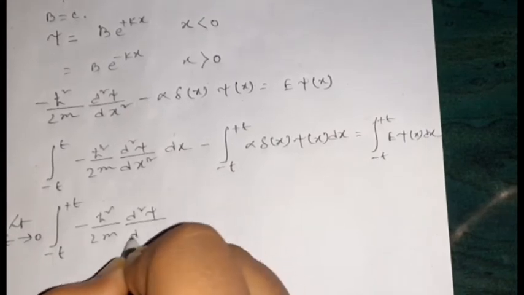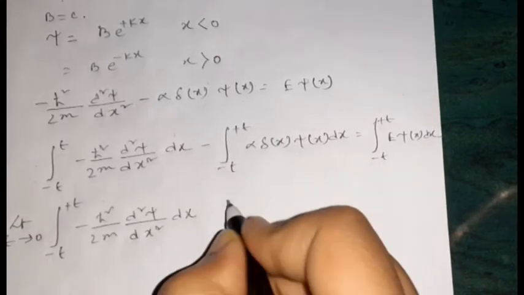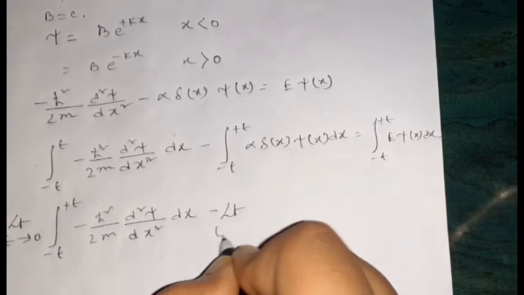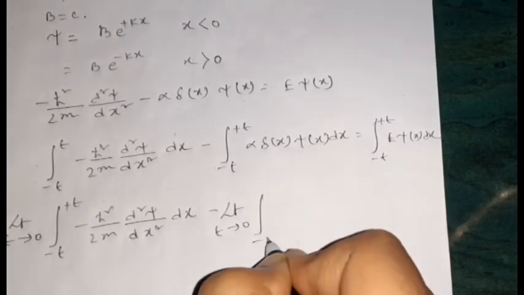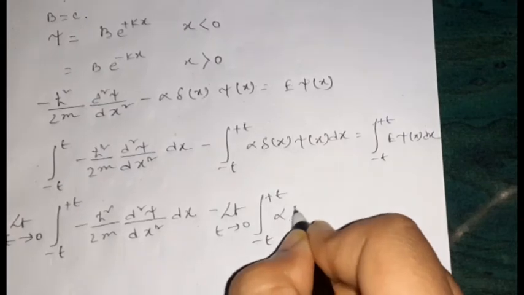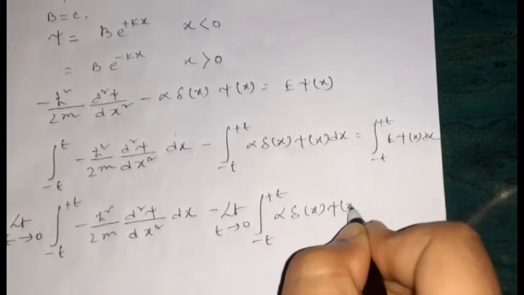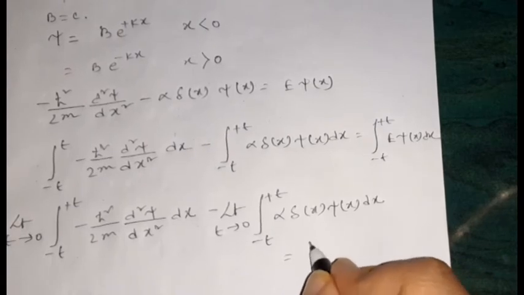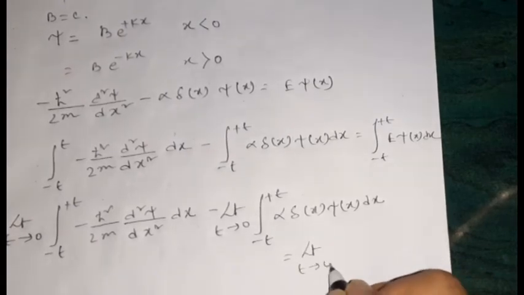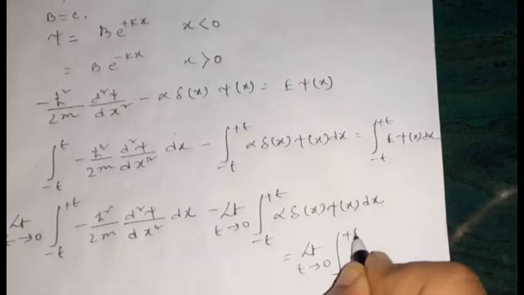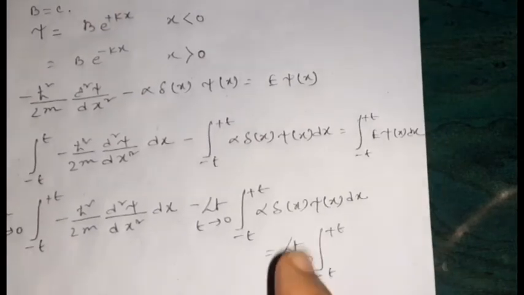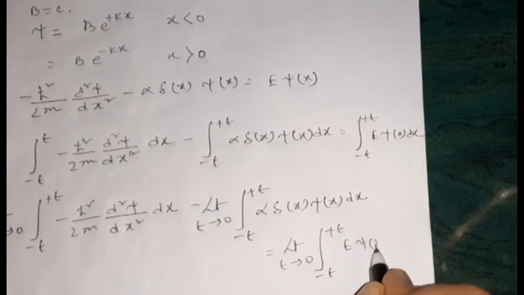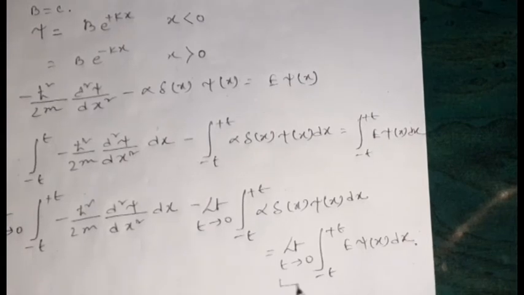So the limit epsilon tends to 0, minus epsilon to plus epsilon, alpha delta x psi x dx equals the limit epsilon tends to 0, minus epsilon to plus epsilon, E psi x dx. Now this quantity is 0.